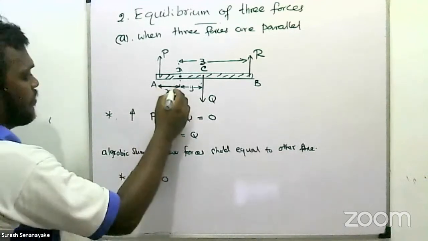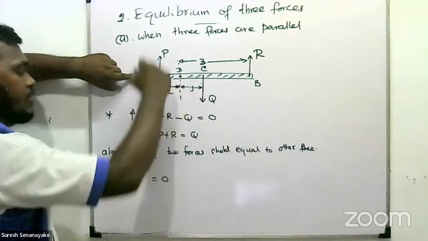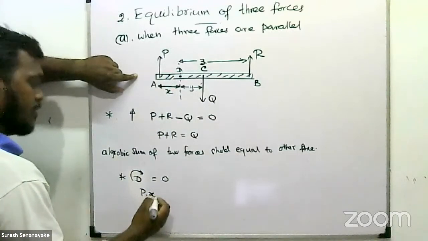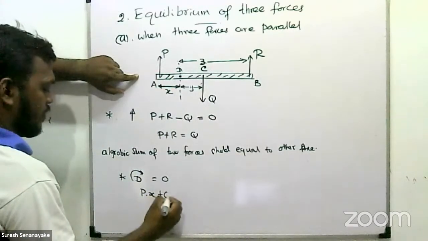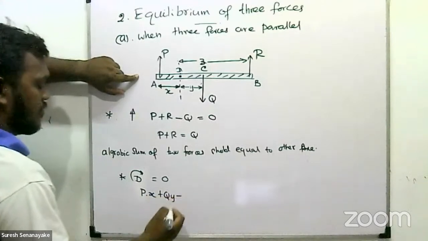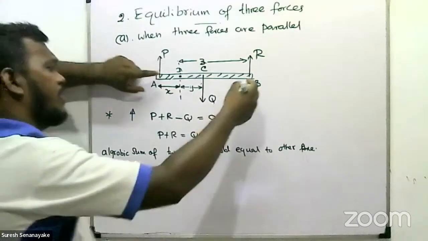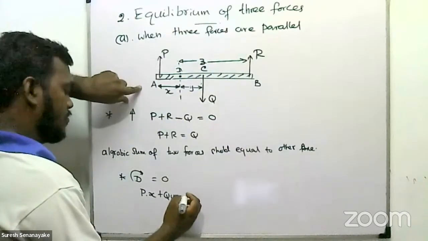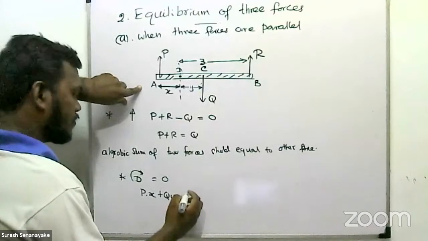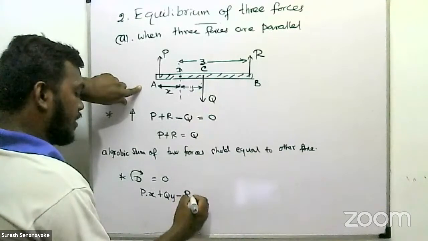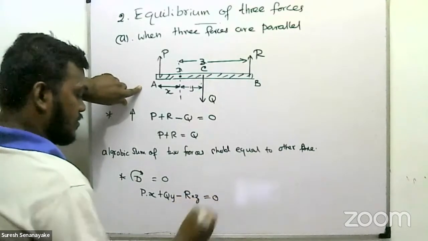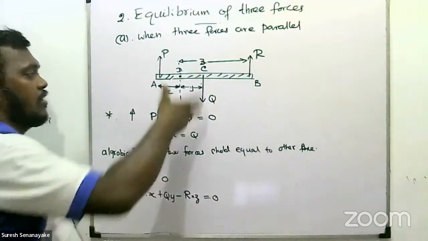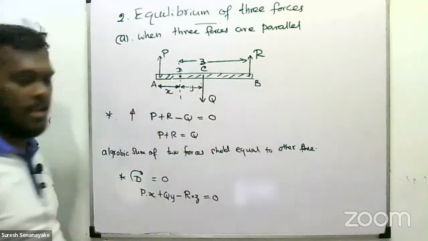So the moment taken by this side, by this P into X plus Q into Y. R gives the moment to the other side, so it's negative R into Z. That's the way. So that means the clockwise moment is equal to the anti-clockwise moment.